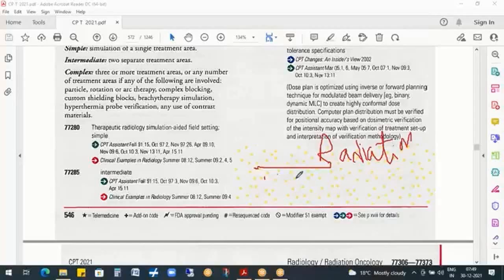Next point. Management code is based on total number of treatments.